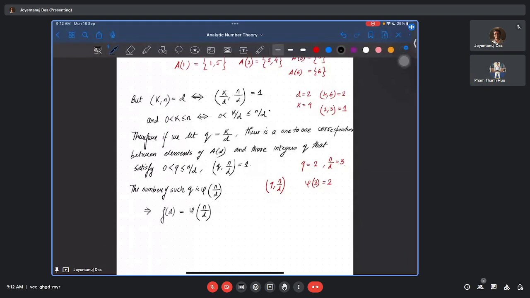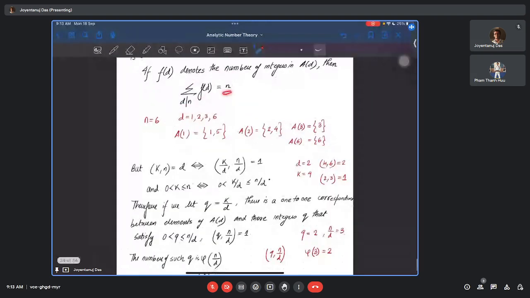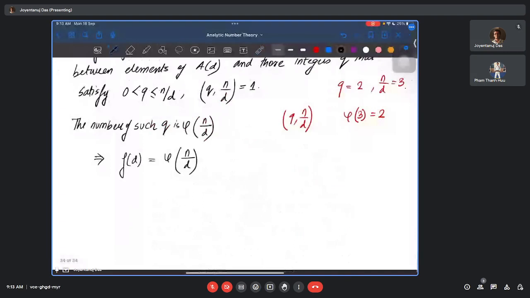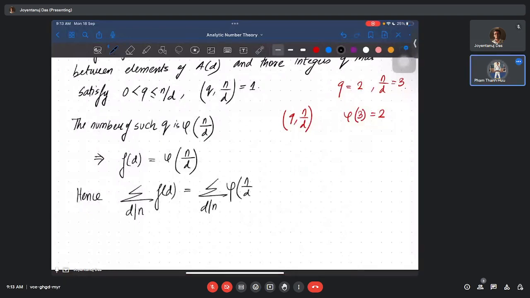Now you have already seen that the summation over all d of f of d is n. So we can just substitute that. Hence the summation over d dividing n of f of d is the summation over d dividing n of phi of n by d, and that is n.